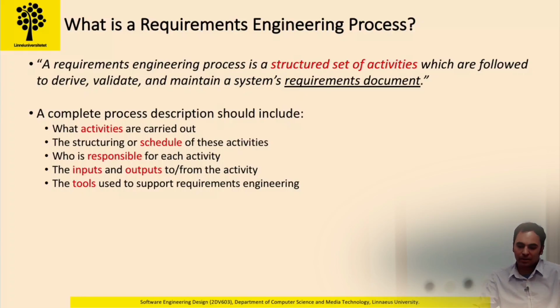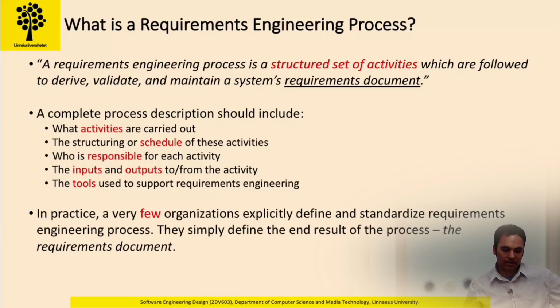Whenever you are defining a process, there are always inputs and outputs, so you have to define those. And also what tools you will be using for those activities within the process. These days there are many tools available to support your software engineering process. In reality, very few organizations follow this kind of structured process.